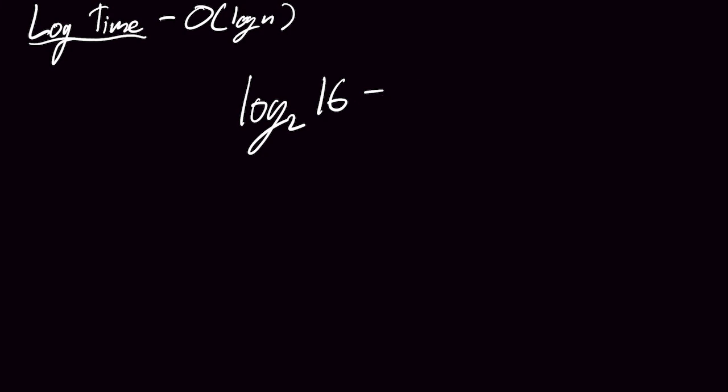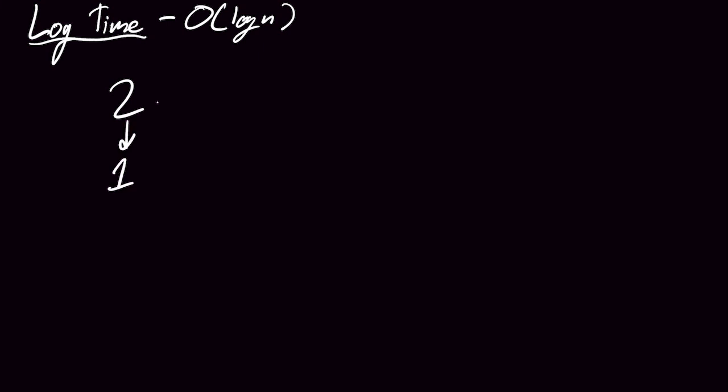And I'm going to visualize that real quick. So log base 2 of 2 is going to divide itself by 2 once, and that's only one division. So log base 2 of 2 is going to be 1.